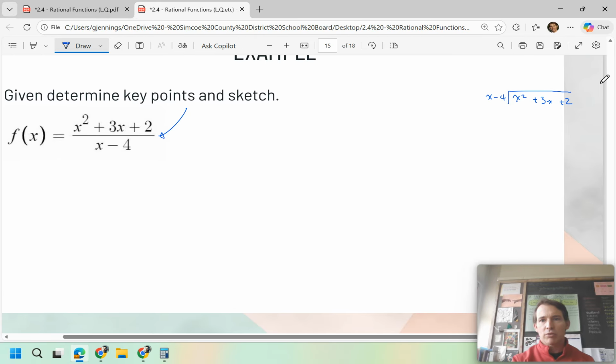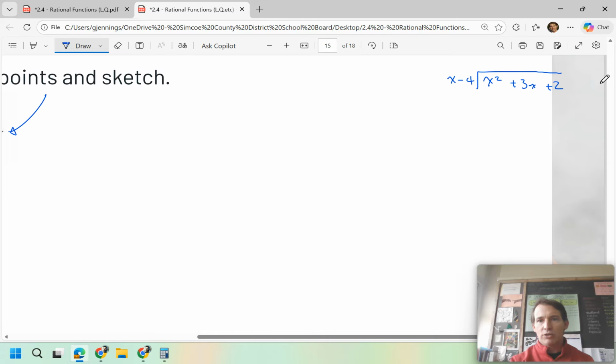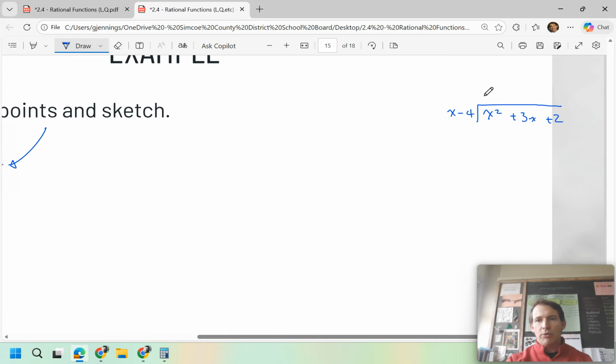I'm going to slide my screen over and zoom in and do my division. I would multiply by x here. That gives me x squared minus 4x. I put it in brackets and subtract. Those are going to go away, giving me 0 down there. And then here I get 7x. No surprises, because a minus a minus is a plus, and I add those together.